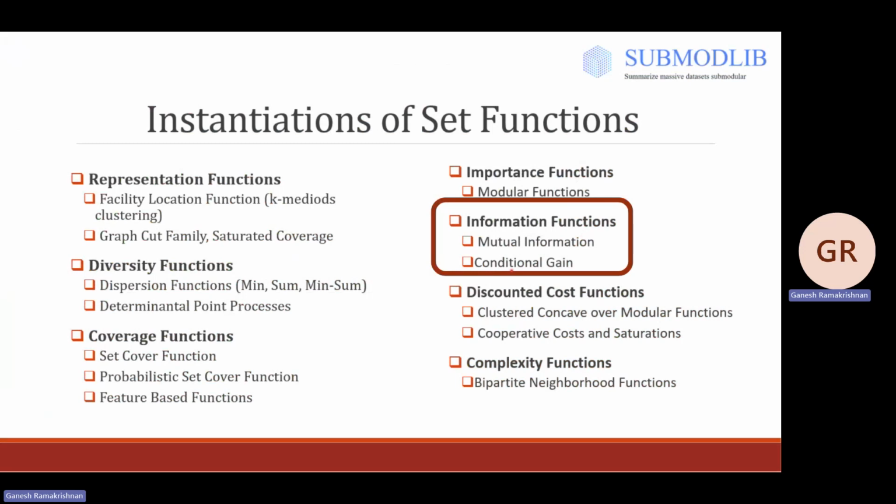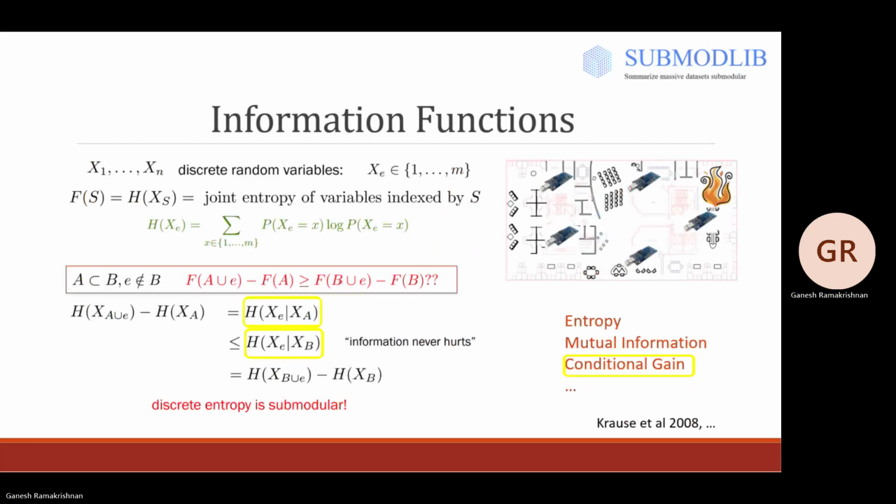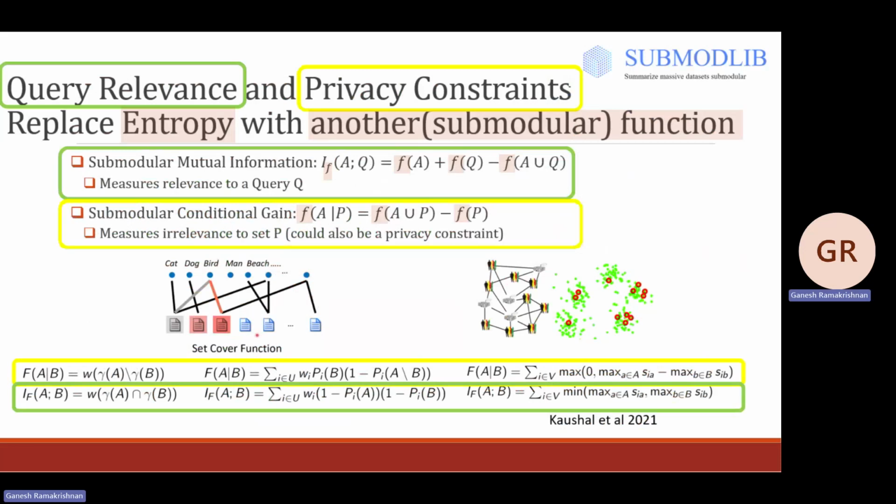But now if you replace entropy, you replace the entropy condition with one of the classes of submodular functions. You apply conditional gain with any of the submodular functions, and you get the gain equivalent of each of those. So how will it look?